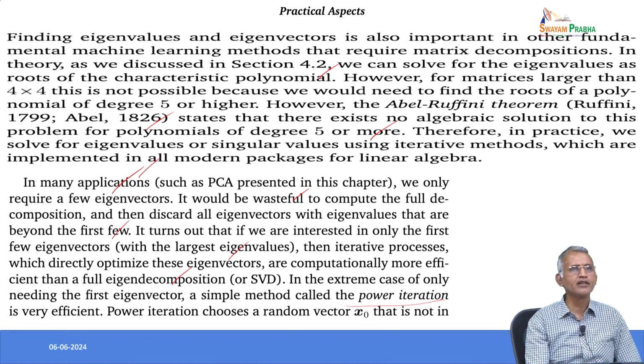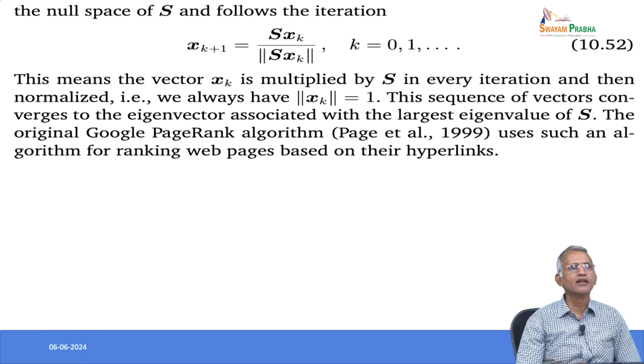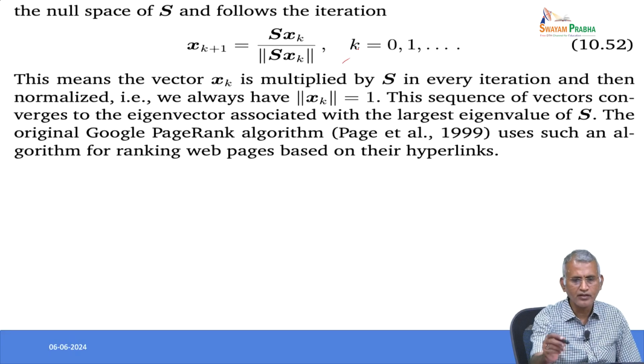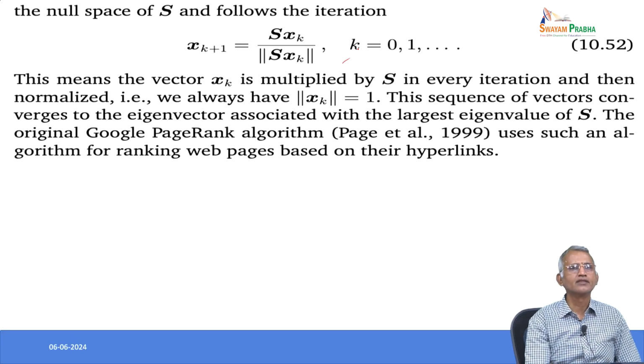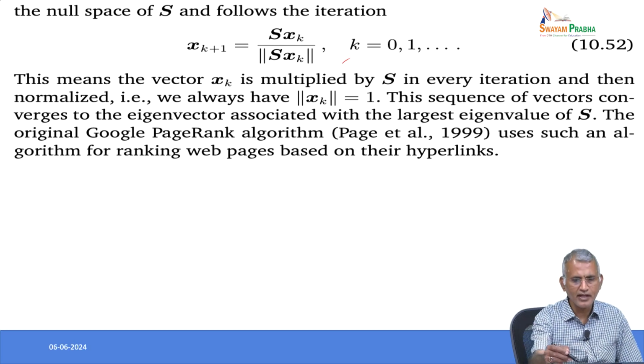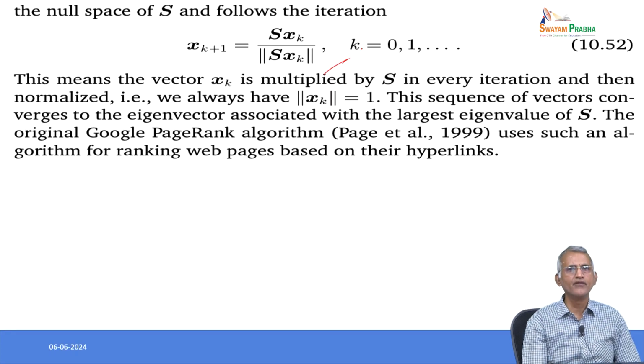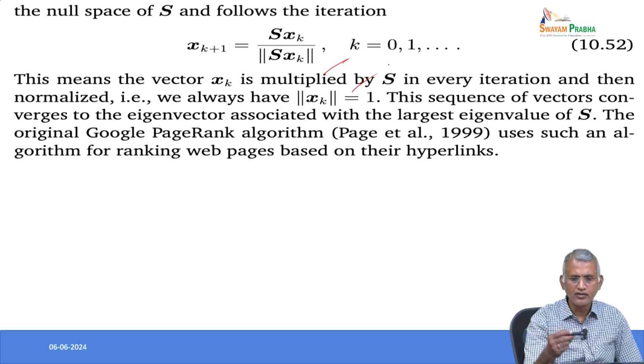It is very efficient. Power iteration chooses a random vector x0 that is not in the null space of S, and follows the iteration x_{k+1} = S x_k / ||S x_k||, where k = 0 to infinity. This means that vector x_k is multiplied by S in every iteration and then normalized, that is, we always have ||x_k|| = 1.